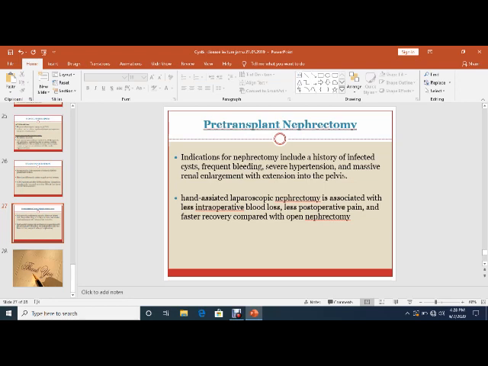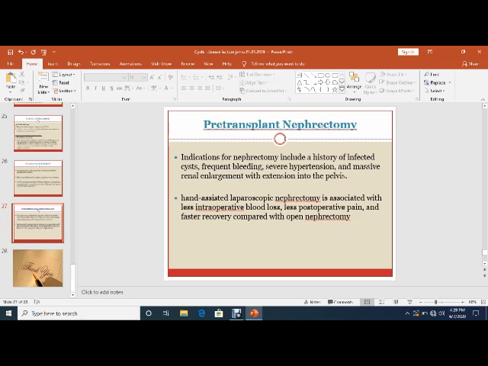The indications for pre-transplant nephrectomy include a history of infected cyst, recurrent infected cysts, or frequent bleeding with hemorrhagic cyst, or, due to compression in the cyst, the renin-angiotensin mechanism is activated, or due to more erythropoietin hormone secretion, severe hypertension, and massive renal enlargement of the kidney with extension into the pelvis. So pre-transplant nephrectomy is required.